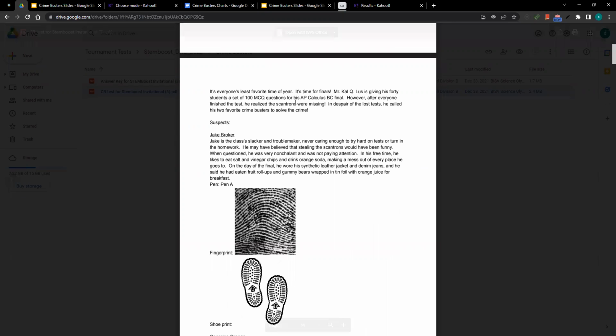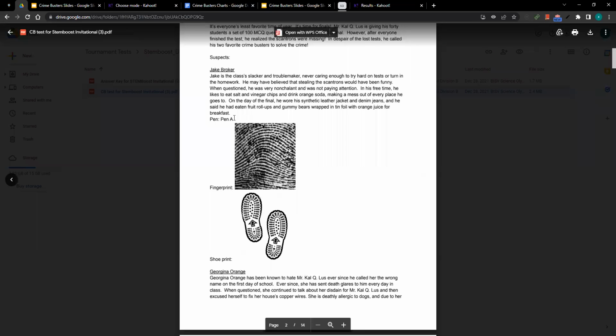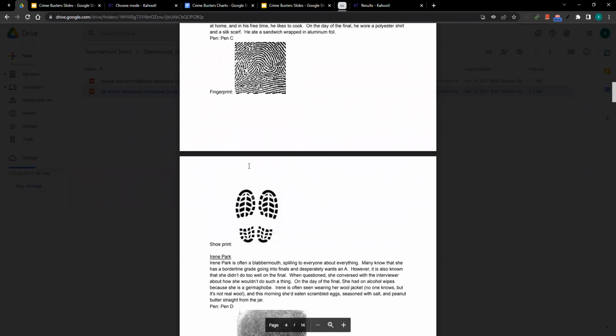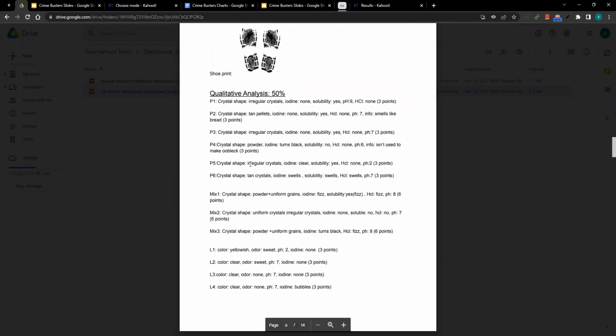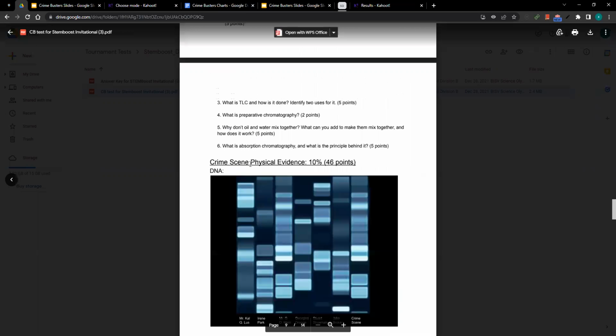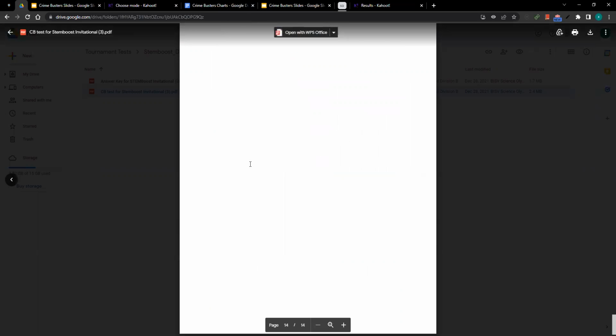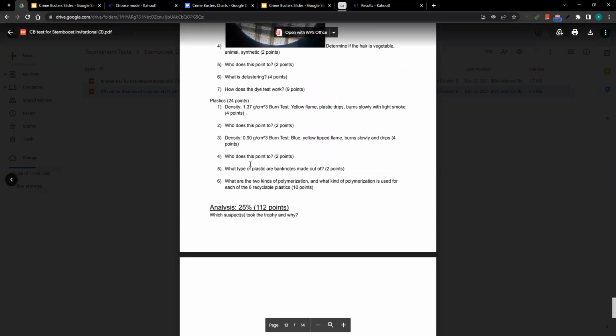And then there are suspects given with pen fingerprint, pen ink, fingerprints, shoe prints, and there are tons of bios for many different suspects. And basically, you're supposed to identify all these things, piece together all the evidence, and then do the final analysis.